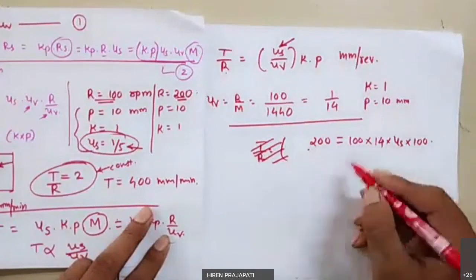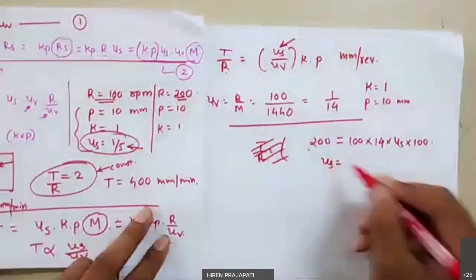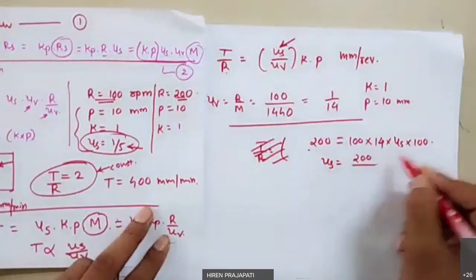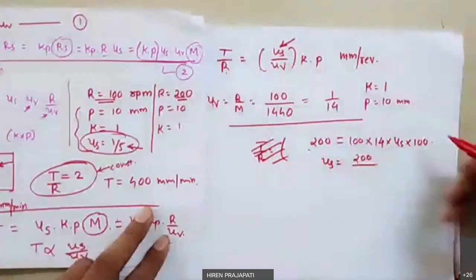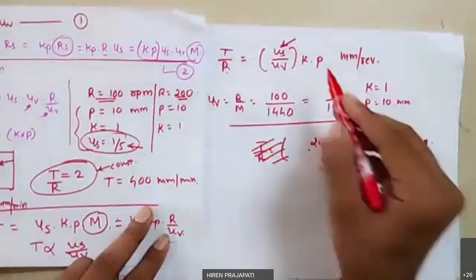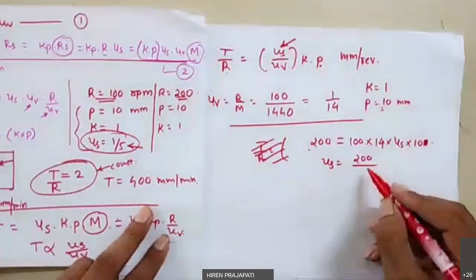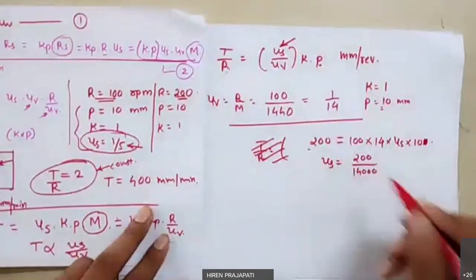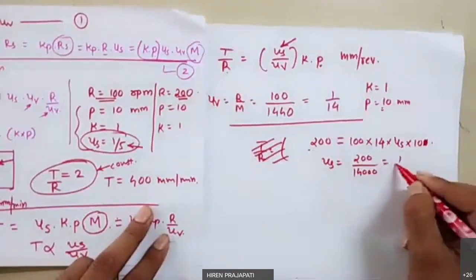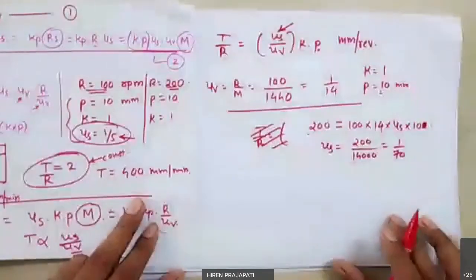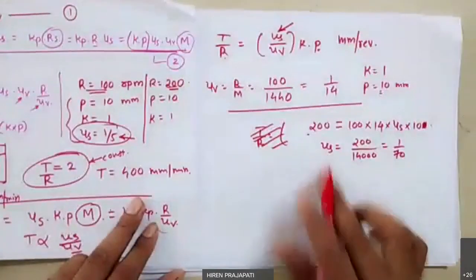Then what we get, US will be 200 by, sorry, this is 10 because the pitch is taken as 10, so 200 divided by 14,000. Then for this we are getting 1 by 70 as US, right? This is the speed box transmission ratio.